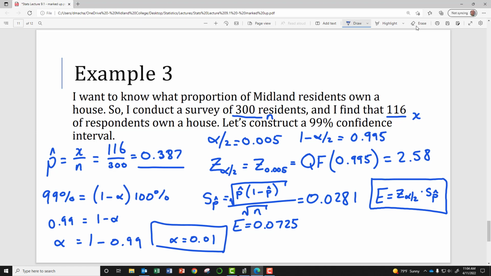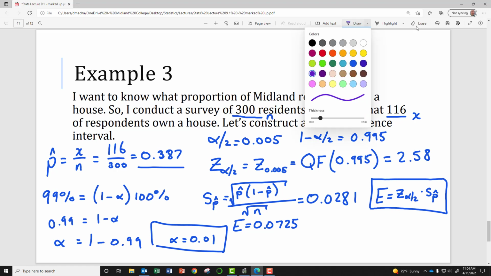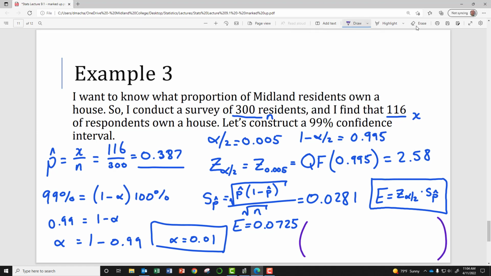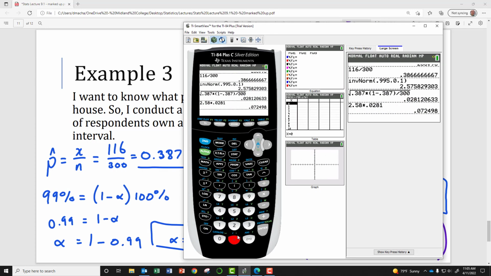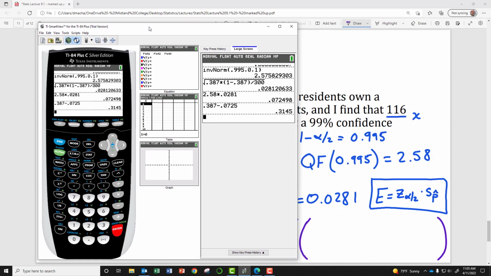And now remember that your confidence interval has a lower bound at the point sample proportion minus margin of error. So my lower bound is going to be 0.387 minus my margin of error, 0.0725. So my lower bound here is going to be 0.315, we'll say.